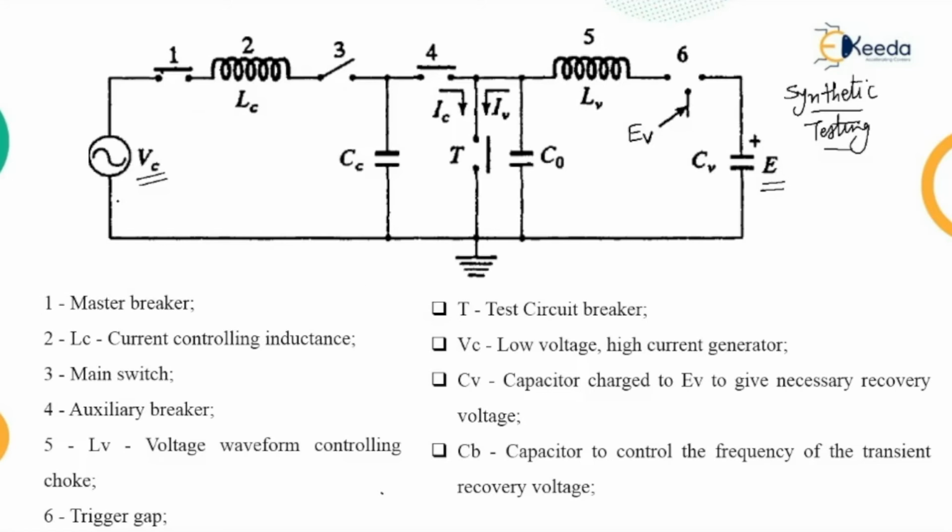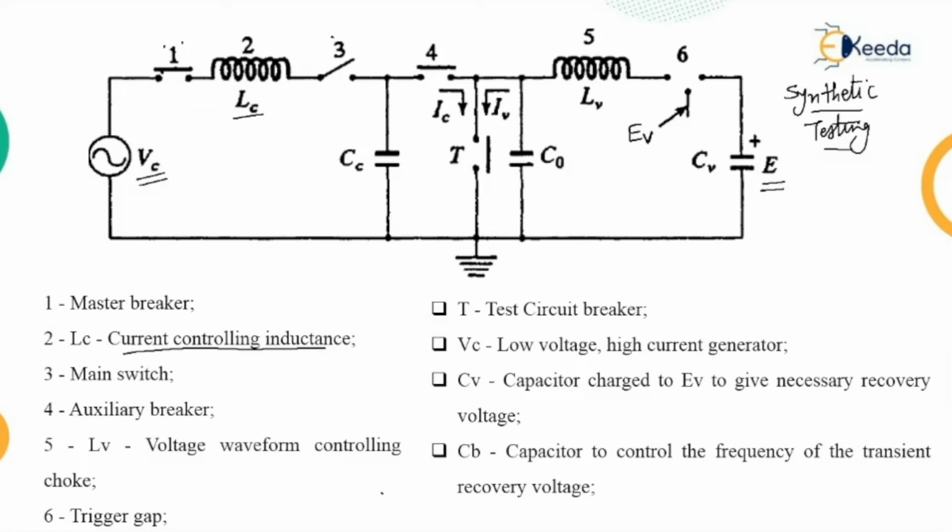On this side, you can see there are numbers given. The number 1 is a master breaker that is already shown in the previous slide. Number 2 is called LC, that is a current controlling inductance. So this inductance is used to control the current.